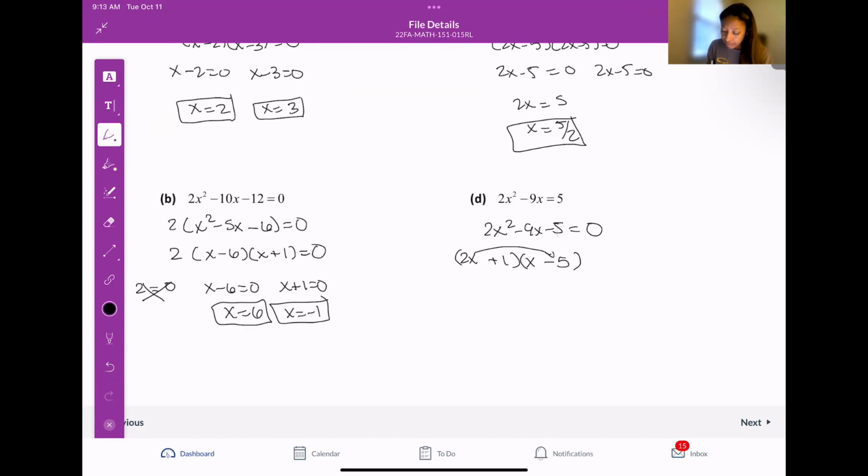The 2x times a negative 5 gives us a negative 10x, and then the x times 1 gives us a plus 1x. So that's minus 9x in the middle. All right, so this is the factorization that equals 0. We set each of these factors to 0. We get x equals negative 1/2 and x equals 5.